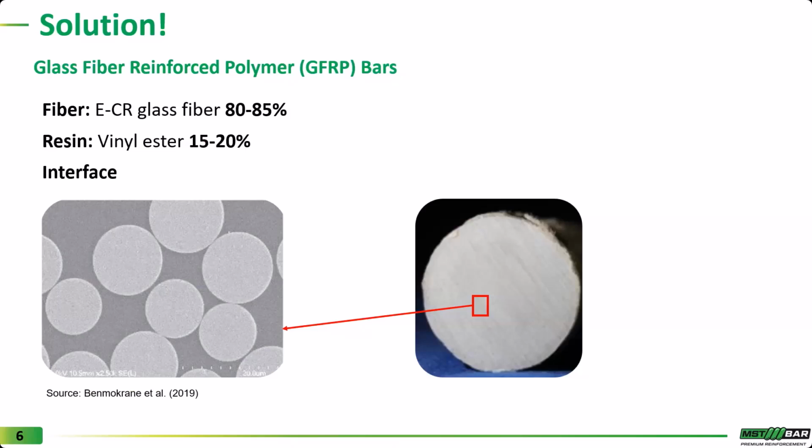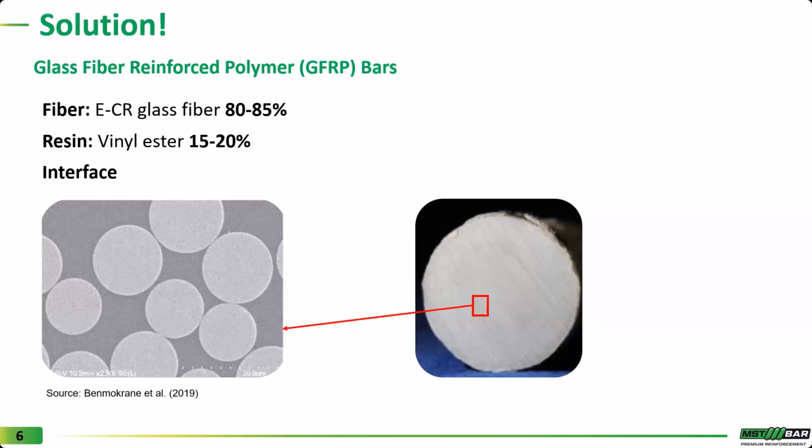There are many types of fibers available in the market, but what is of interest from structural engineering applications and also from an economical and durability perspective is glass fiber. And we use the latest generation of glass fiber called ECR glass fiber.